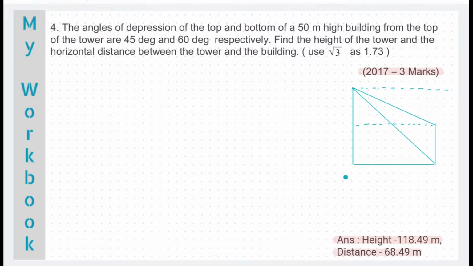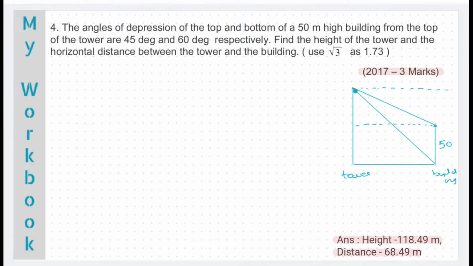So this will be the tower and this is the building. It's given that the angles of depression of the top and bottom of a 50-meter high building. So the height of the building is 50 meter and the angle of depression of the top is 45 degrees.